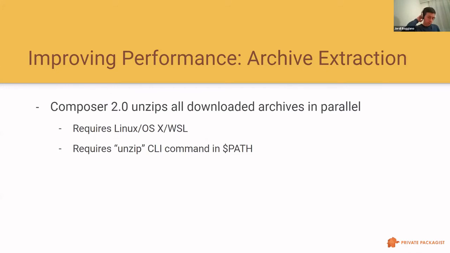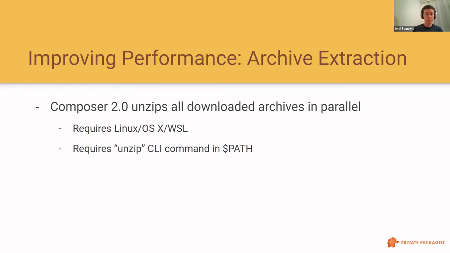Another aspect that we parallelized was the extraction of the zip archives. This only works on Linux and OS X, and if you're on Windows and use the Windows Subsystem for Linux, WSL, that means you're also running Linux, so in that case it will work as well. I would highly recommend that.